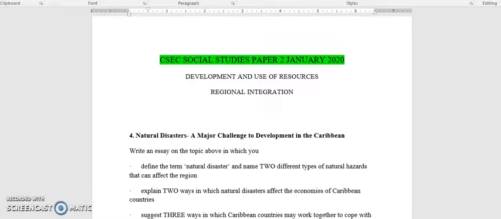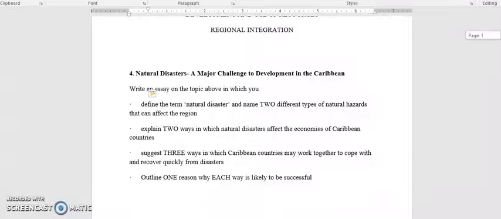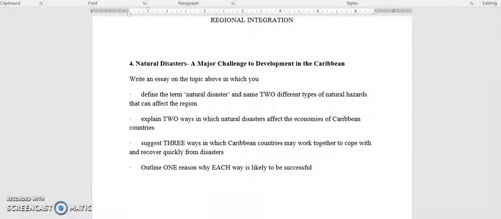Explain two ways in which natural disasters affect the economies of Caribbean countries. Suggest three ways in which Caribbean countries may work together to cope with and recover quickly from disasters. Outline one reason why each way is likely to be successful.